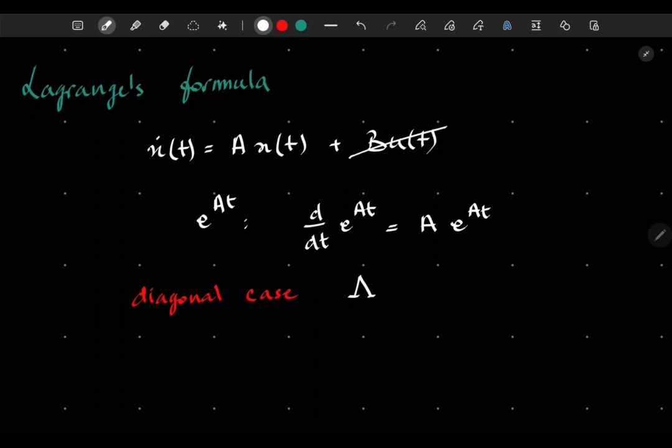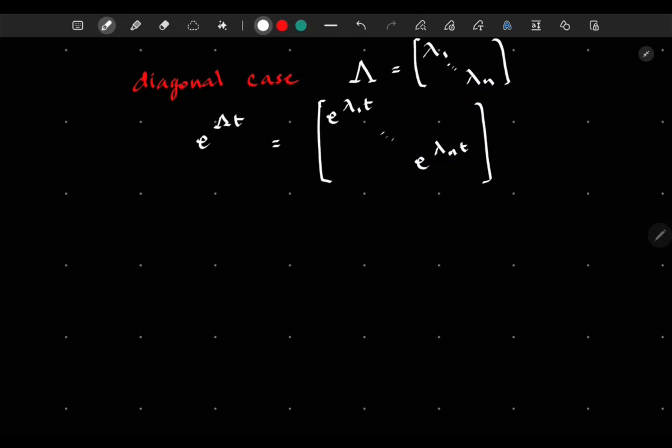So in this case, we expect, and we know it since we know the solution of a scalar system, that the exponential of this matrix will be a matrix with the exponential of the terms on the diagonal. And this is when big Lambda is just lambda 1 to lambda n.